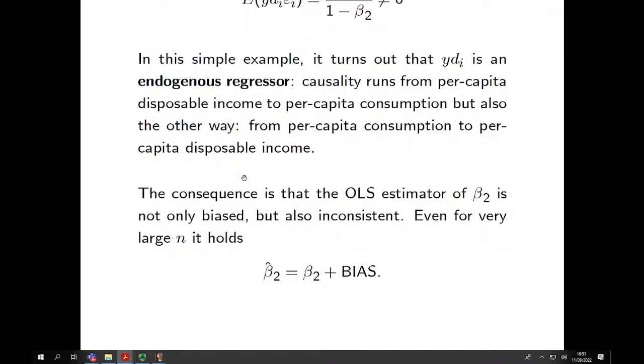So even with infinite information, we get a wrong estimate, a wrong number. Having an estimator which is not consistent is the worst case for an econometrician. The minimum requirement for an estimator to be good is consistency.